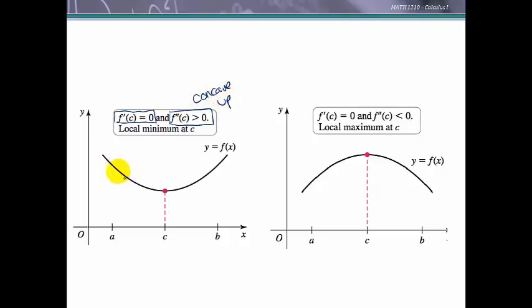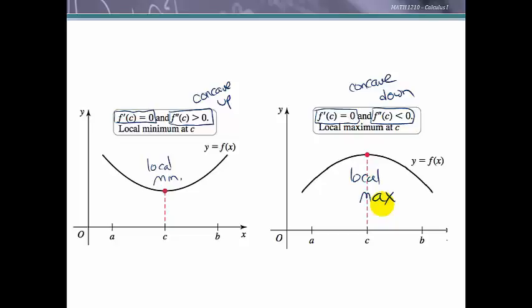If the function is concave up here, then we know that we have a local minimum. Similarly, in the other case, we again have the first derivative equals 0, so we have a critical point, but we have that the second derivative is less than 0, so we know that the graph is concave down there, and so that tells us that we have a local maximum.